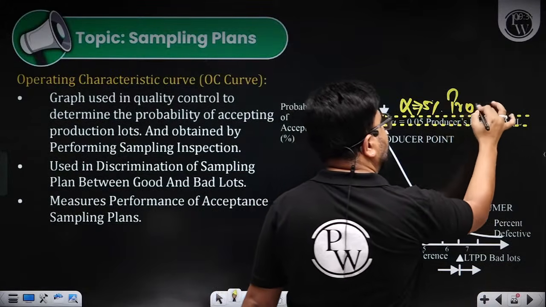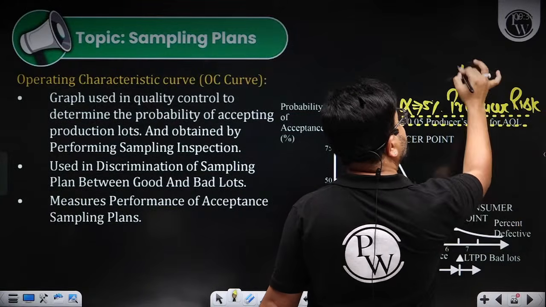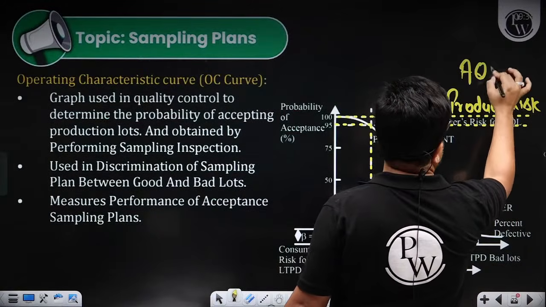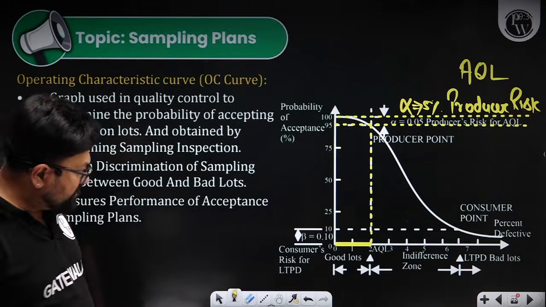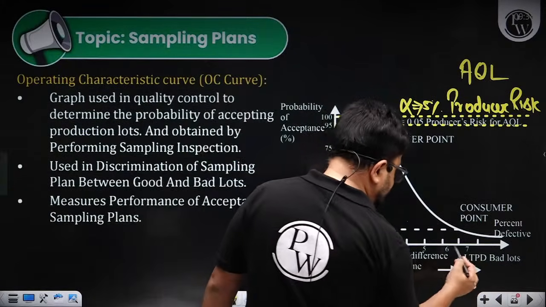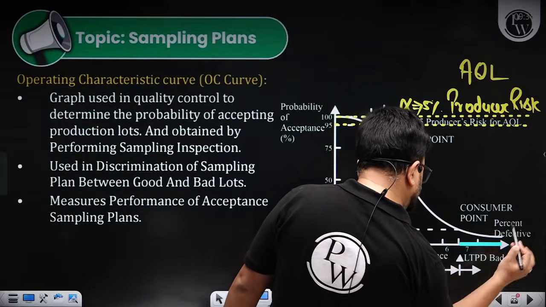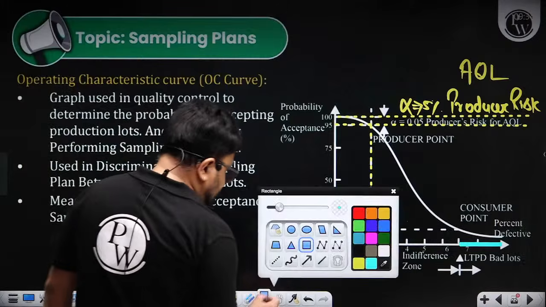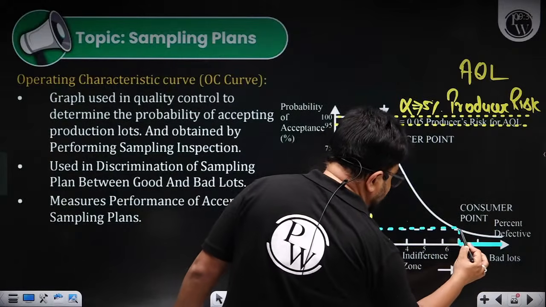It is the producer risk, that is rejecting the acceptable quality level. If the lot has a lot of defects, let's say this one, then the probability of accepting it is less.